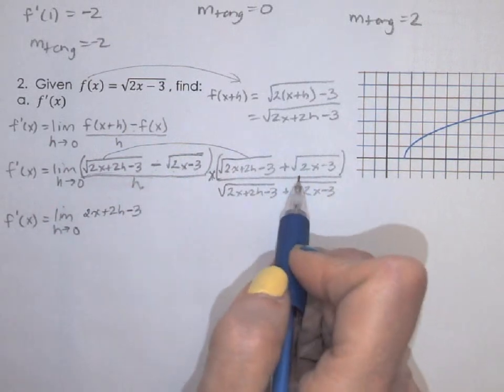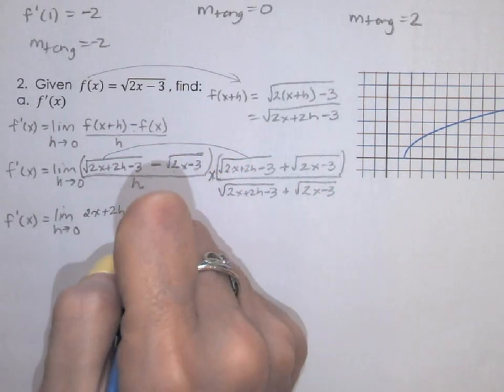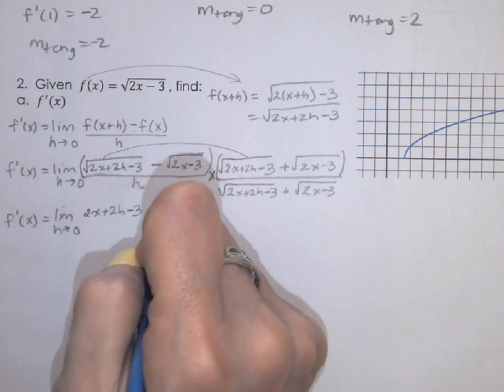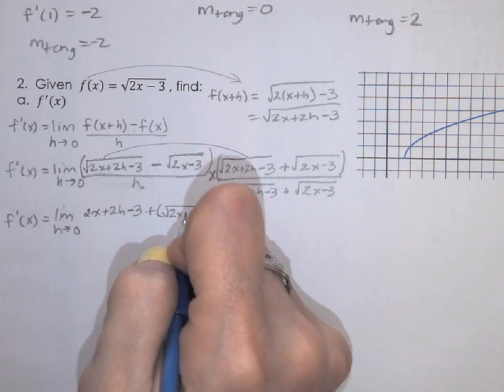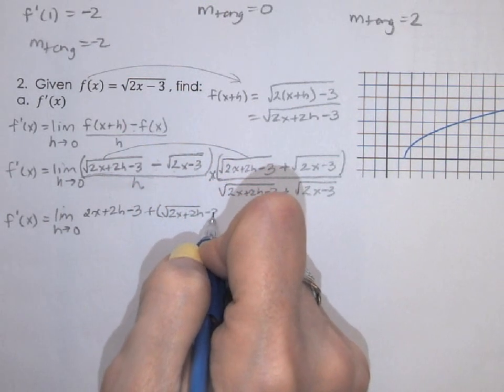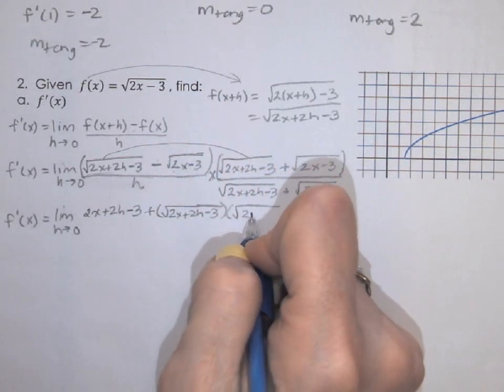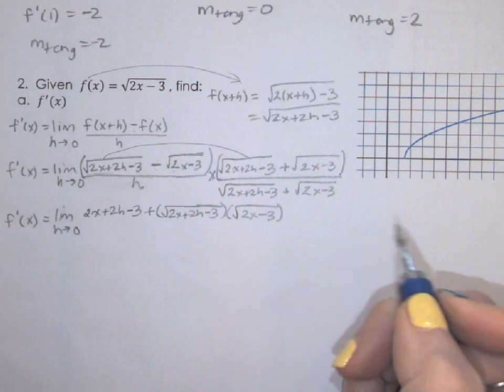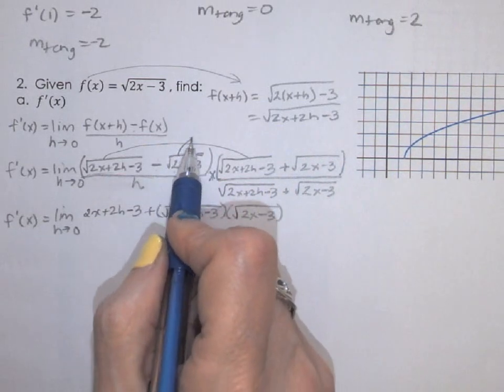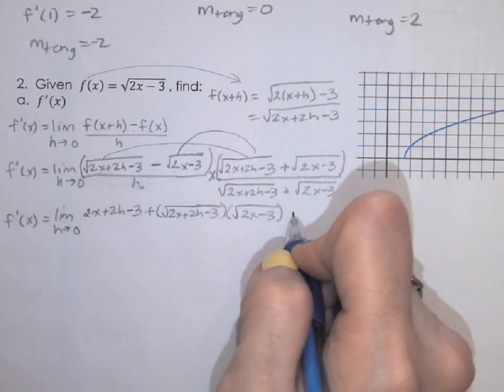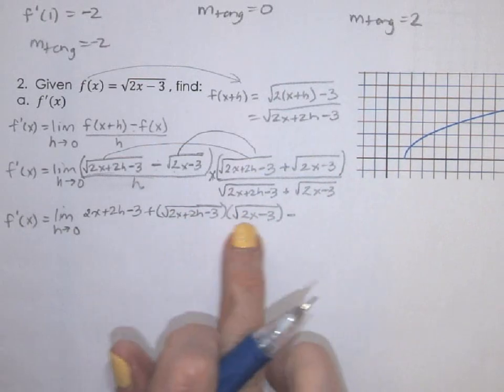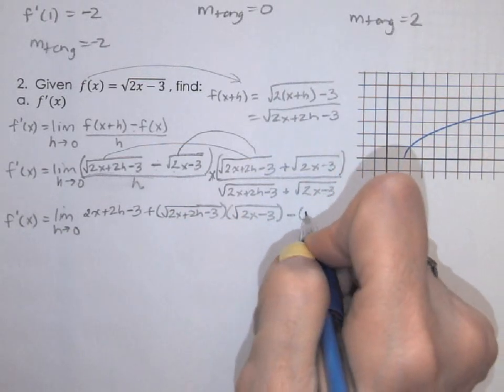This one times this one is just going to be positive, and the 2 radicals multiplying together, times radical 2x minus 3. And then multiply these two, so that's going to be negative this time, but the same 2 radicals multiplying together.